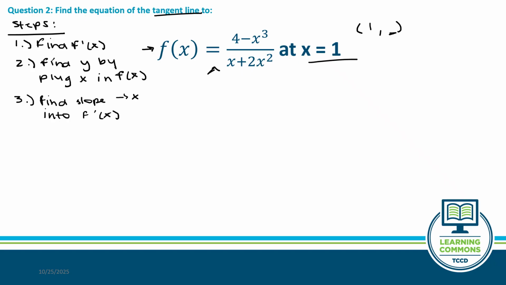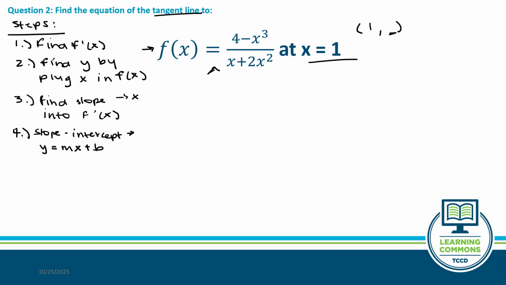So once you find your y and your slope, then you'll plug into slope-intercept form and turn it into y equals mx plus b form. So let's get cracking because this is going to take a second.